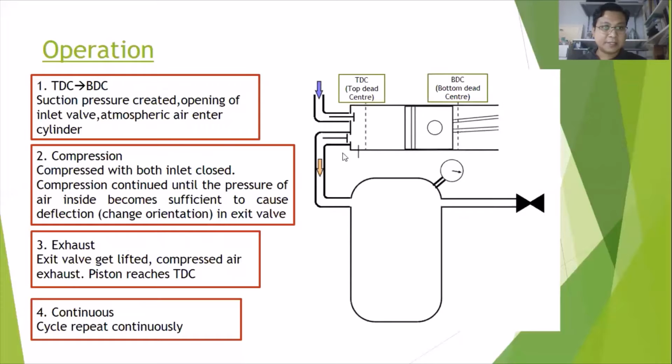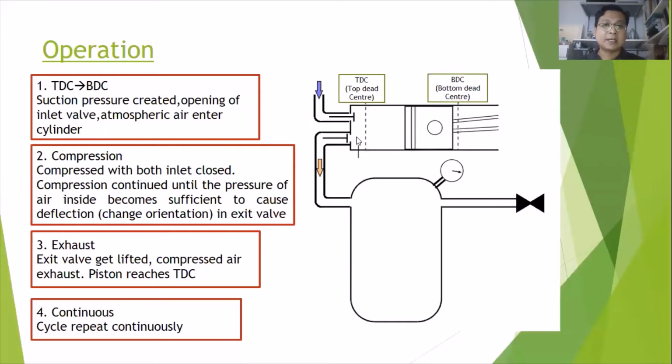After the TDC process, we go to the second process, which we call compression. Compress with both inlets closed, compression continues until the pressure of the air inside becomes sufficient to cause deflection of the exit valve.